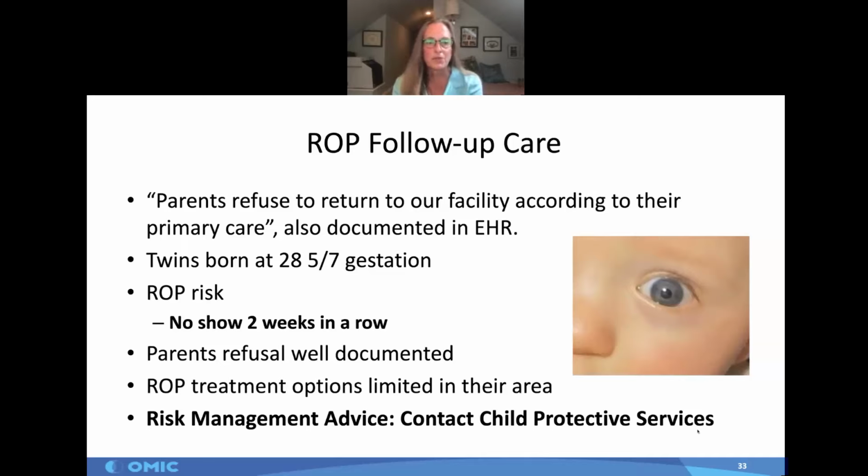They were twins born at 28 weeks gestation, and their ROP risk was really great. They didn't show for 2 weeks in a row. The parents' refusal to show was well documented, and the ROP treatment options were limited in their area, so that the insured was one of the only people that could see them. On the hotline, the risk management advice to the insured was to contact Child Protective Services.